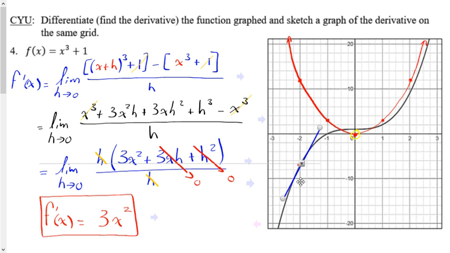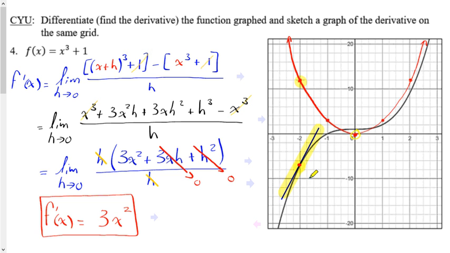That's not bad. So there's the slope of my tangent line at this point. Is this slope positive or negative? It's a positive number, which is why on my derivative function, this y value up here is a positive number, because this y value at this point is equal to the value of this slope at this point.